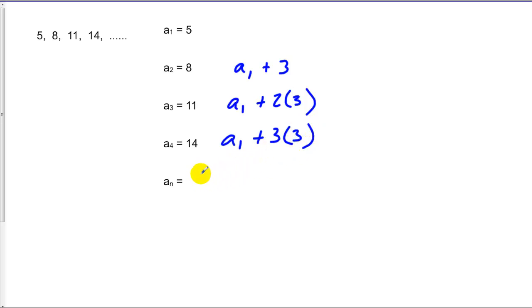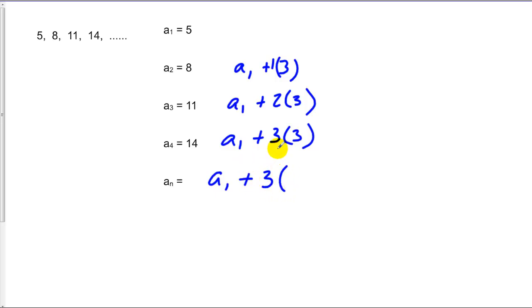And I want to go to the last term, and in order to do that, I'm going to have to look at a pattern that's developed between the terms I've already discussed. Notice I have the first term in common in every case. So I go from my first term, and then I've incremented my multiples of that first term by 1 each time. So I have in each case my common difference of 3.